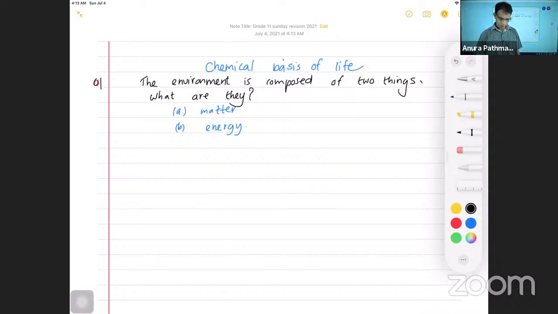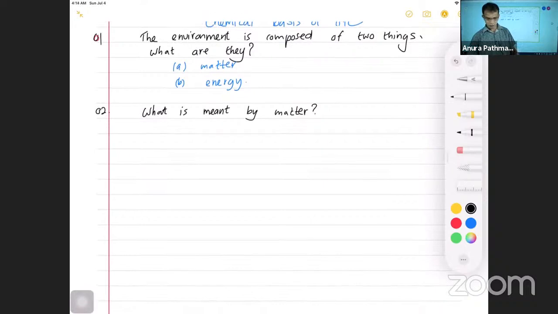In order to get the approach, I write my second question. What is meant by matter? In grade 6, we started to learn what matter is. Matter is something which occupies space and has mass.